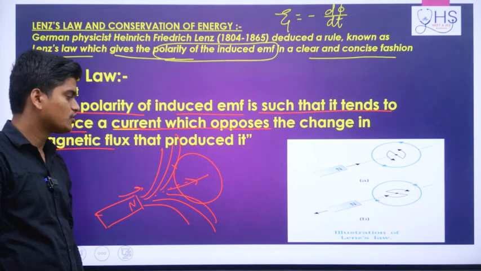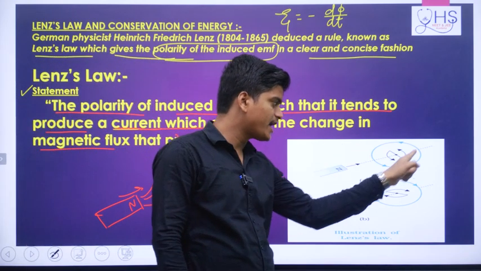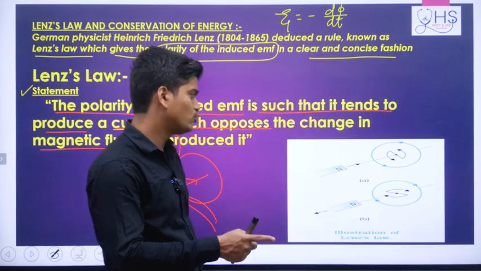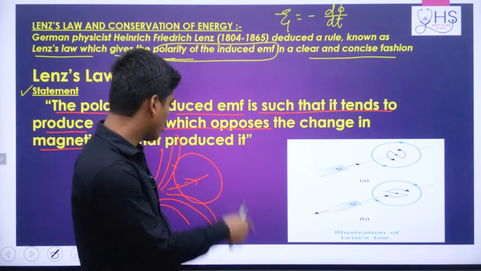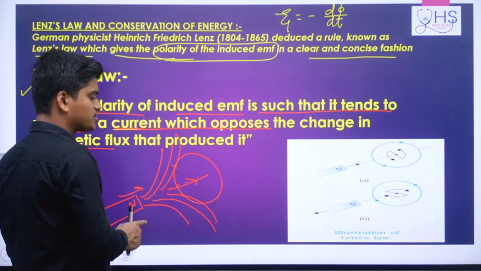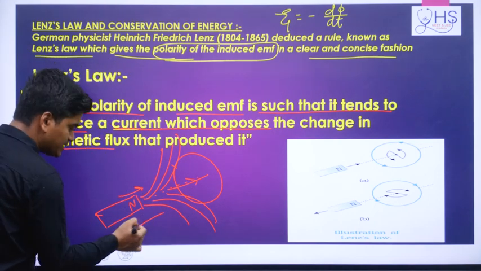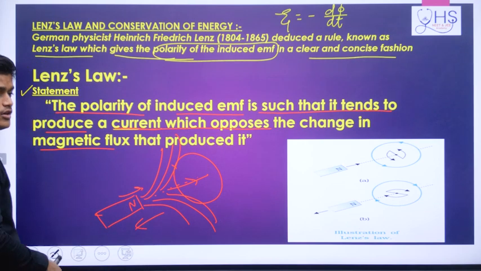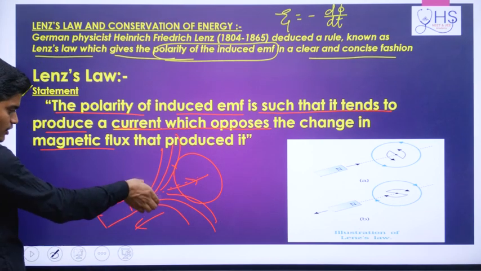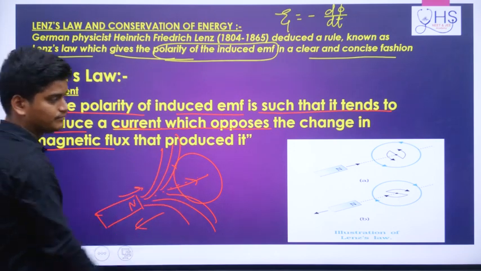So now current will be produced in this coil in such a way that it will try to oppose that. It will not try to increase the magnetic flux; it will try to oppose the increase in magnetic flux. For that purpose, the coil should repel the north pole of the magnet so that it goes back, meaning more magnetic flux lines will not pass here.